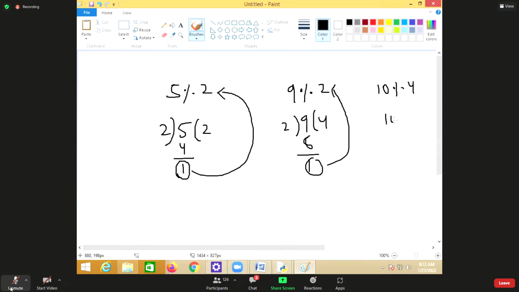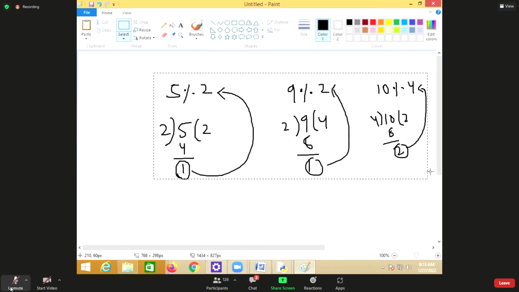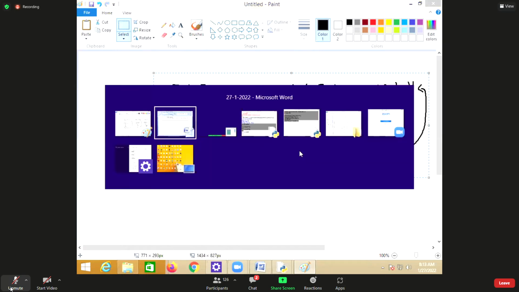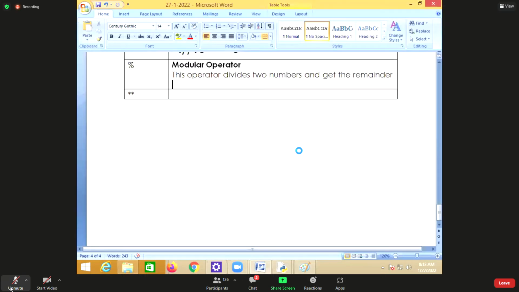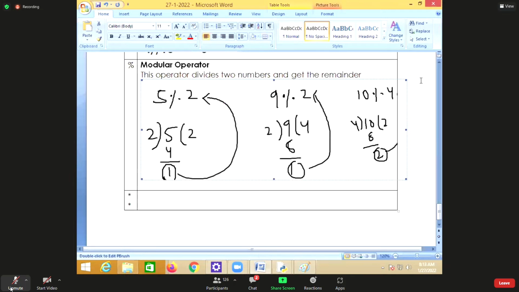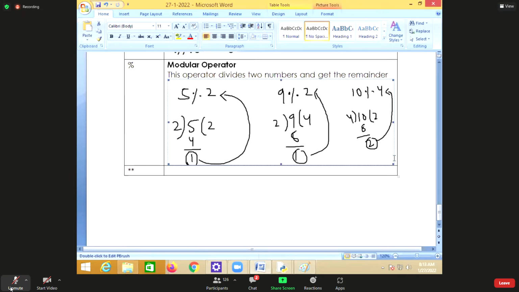Now you are dividing 10 by 4. 2 times, and the remainder is 2. So what does the percentage operator give? The remainder. So if you want to find the remainder, you can find it by using percentage.